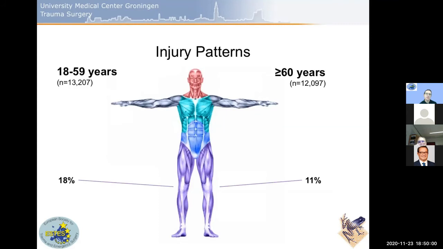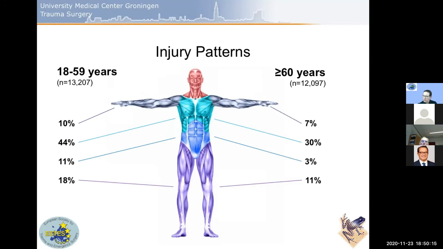If you look at the lower extremity, 18% against 11% in the older group, upper extremity 10 to 7%, but more abdominal trauma, less thorax trauma, but much more head trauma, 69%.